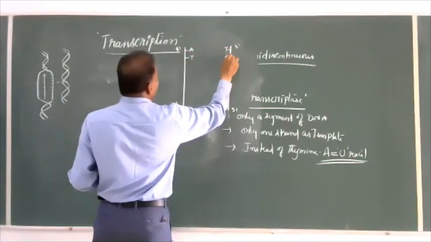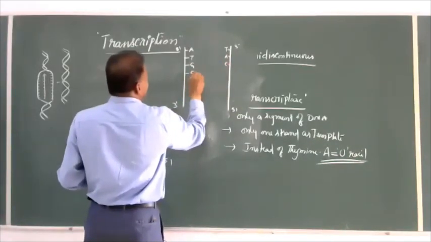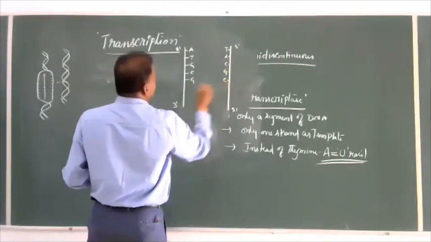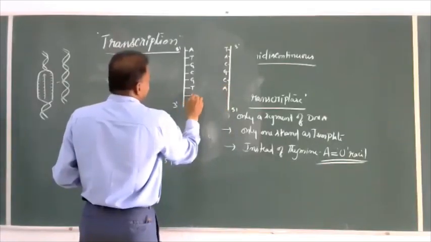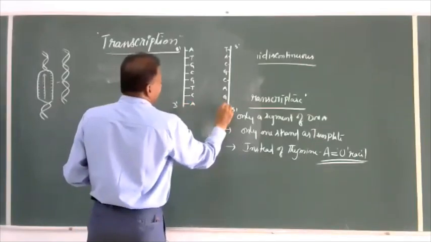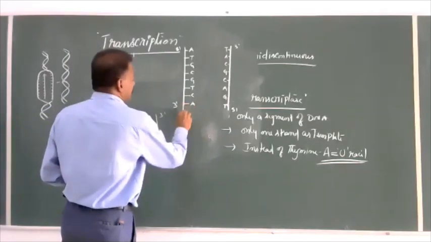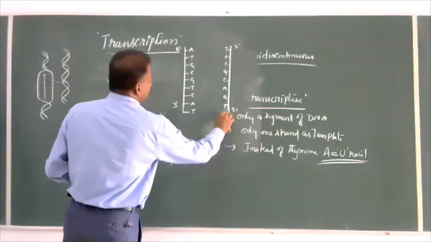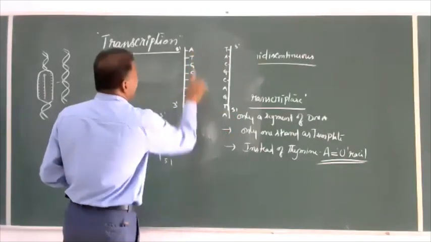Thymine is here, adenine should be there. Guanine here, cytosine should be there. Cytosine here, guanine, guanine, cytosine, thymine, adenine, cytosine, guanine, adenine, thymine. For example, these are the sequences. Let us take an even number. Thymine, adenine, ATG, CGT, CAT, complementary.